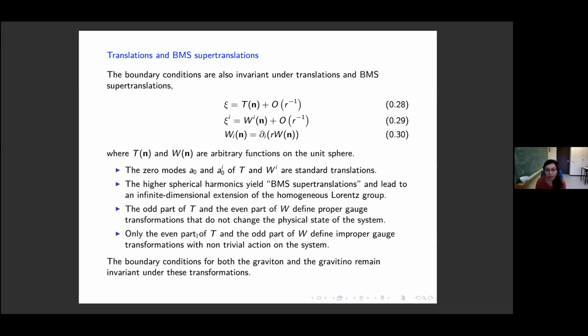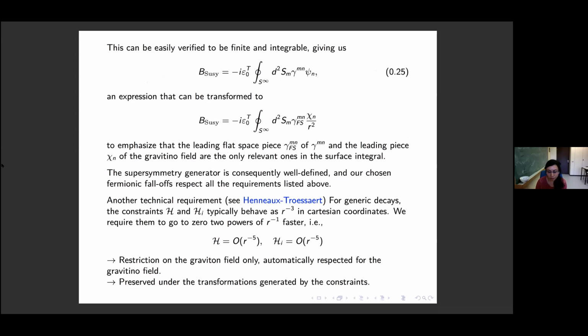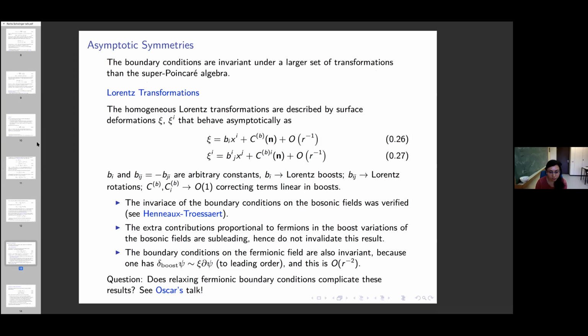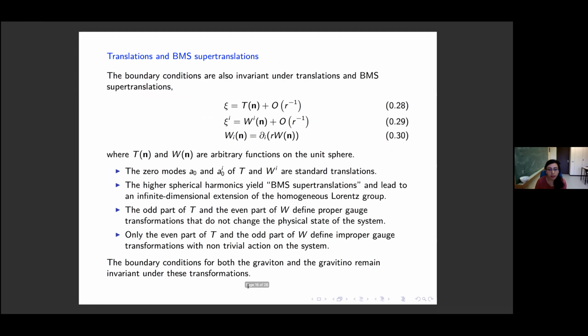Only the even part of T and the odd part of W define improper gauge transformations. The odd part of T and the even part of W do not contribute to the charge. So they define proper gauge transformations that do not change the physical state of the system. And so we can see that the boundary conditions for both the graviton and the gravitino remain invariant under these transformations.